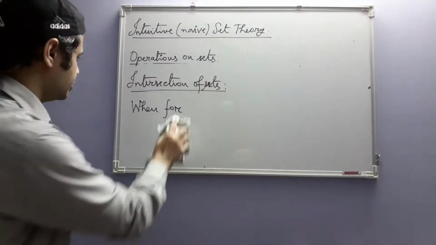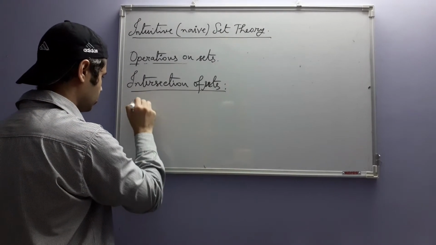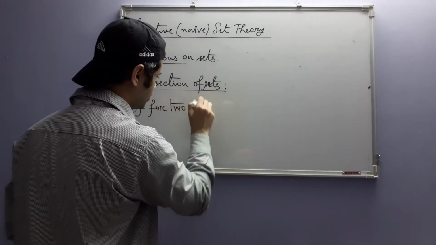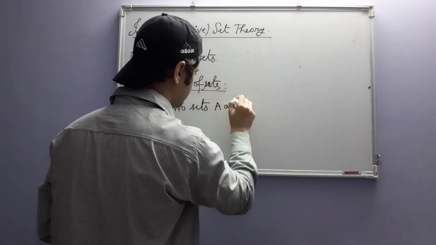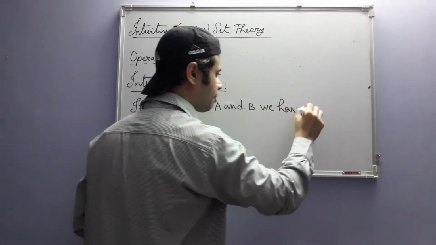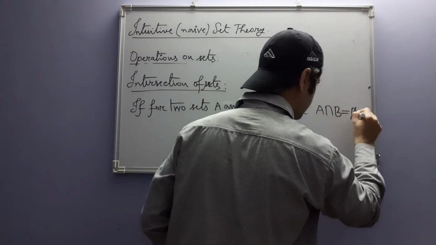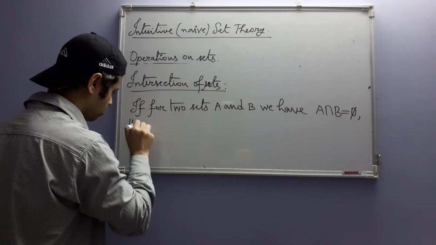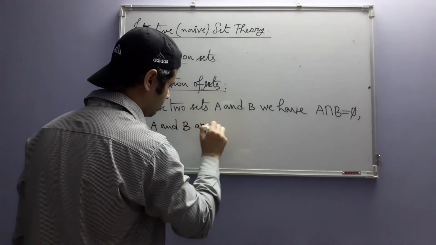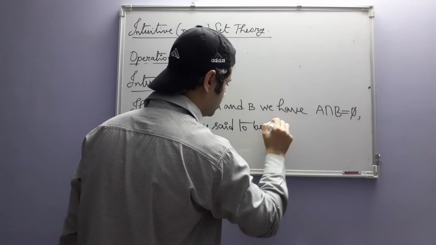If for two sets A and B, we have A intersection B to be empty, then A and B are said to be disjoint.